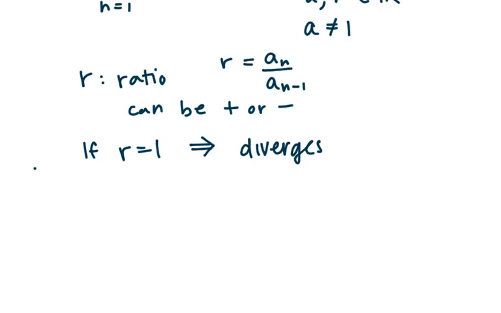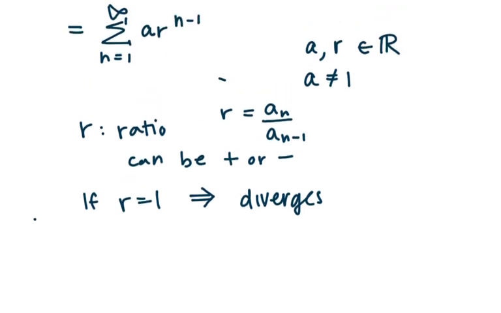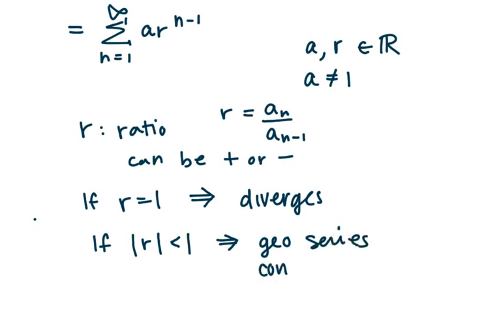If the absolute value of r is less than 1, meaning we have a fractional rate, it could be positive or negative, then the geometric series is going to converge to a over 1 minus r.